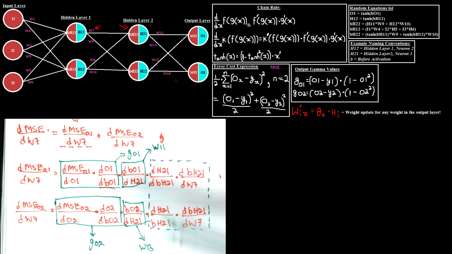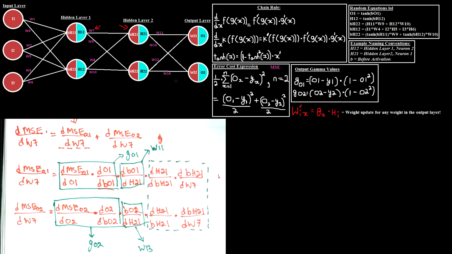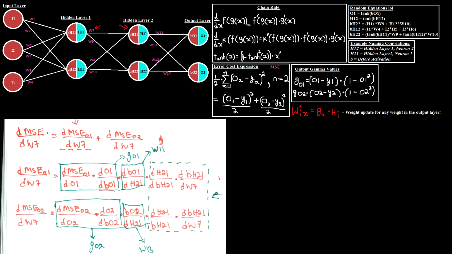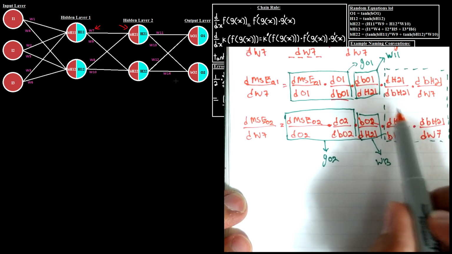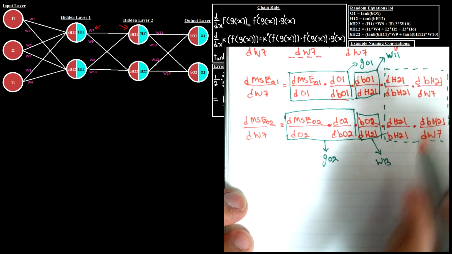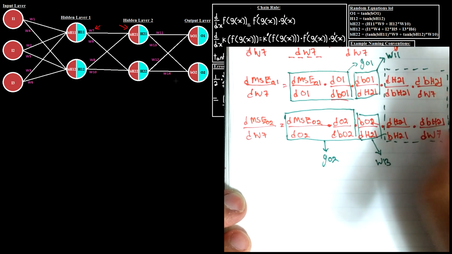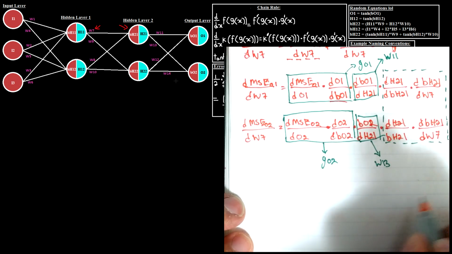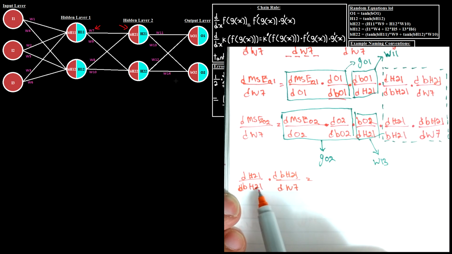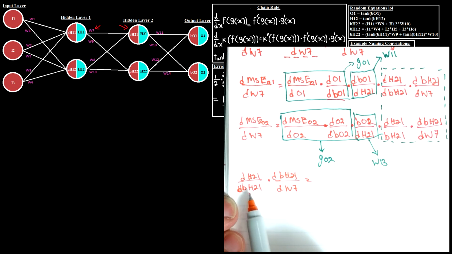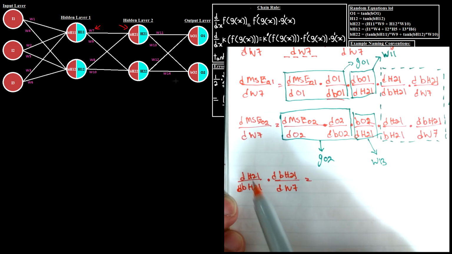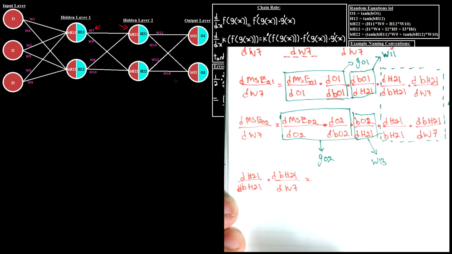Weight 11 and weight 13, I'll show you guys how we can find those super easily using that index idea. What we should first do is try to take the derivative of this little box over here. So now what we want to take is the derivative of H21 with respect to before activation H21, multiplied by the derivative of before activation H21 with respect to weight 7. The derivative of H21 with respect to before activation H21 is like saying the derivative of output 1 with respect to the before activation of output 1. Well, in that case, wasn't it just 1 minus output 1 squared?